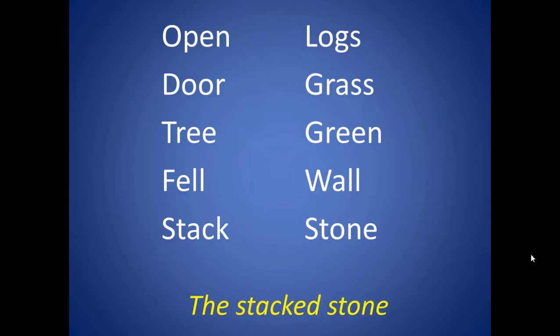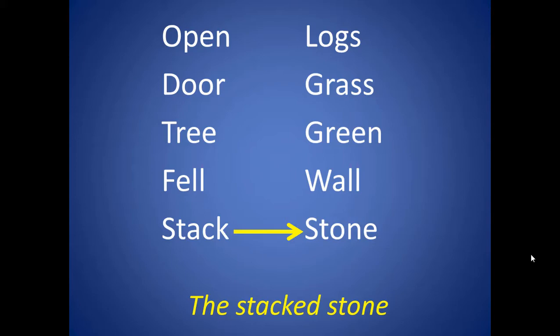with the stacked stone, and my arrows appear to be in the wrong order. So the stacked stone, and here we have the stone as our noun. So the stone is the thing, but in this case we've stacked it. We stacked it, and stack was a verb in this case, but because we've put it in front of our noun, it's being an adjective. And this is a thing to remember here, because you can have a stack, that's things that are piled up.